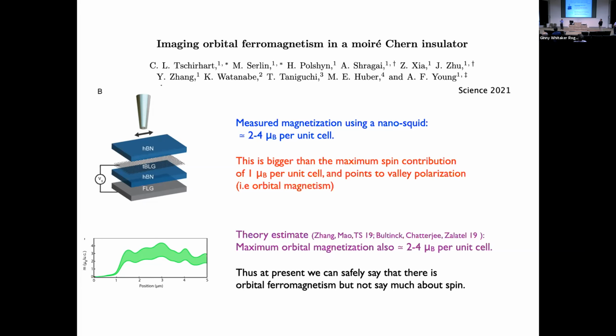You see that it's flat, and then there are discrete domain walls where the twist angle jumps. That's the only other measurement using nanosquid that I know of. Are you aware of other nanosquid work? I think there are only two labs in the world that can do nanosquid, Zeldov and Andrea.